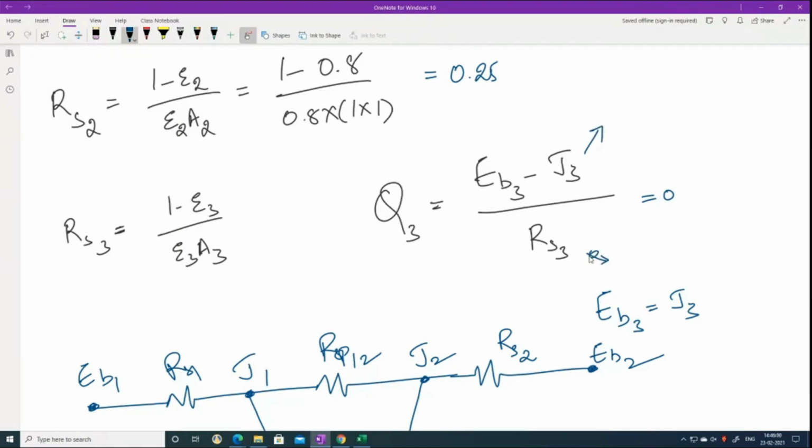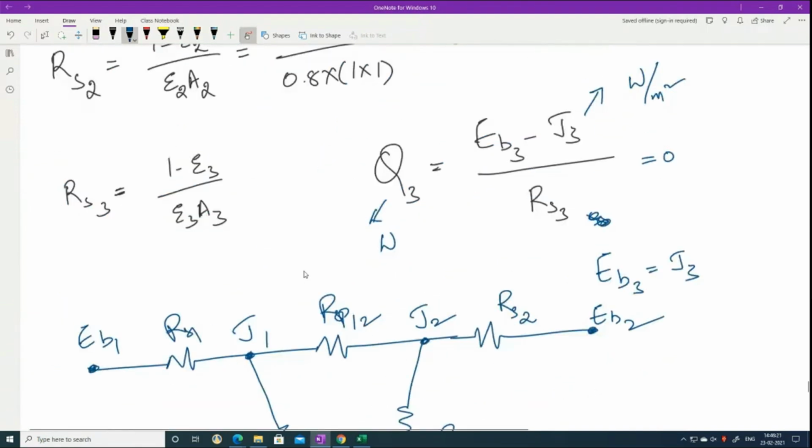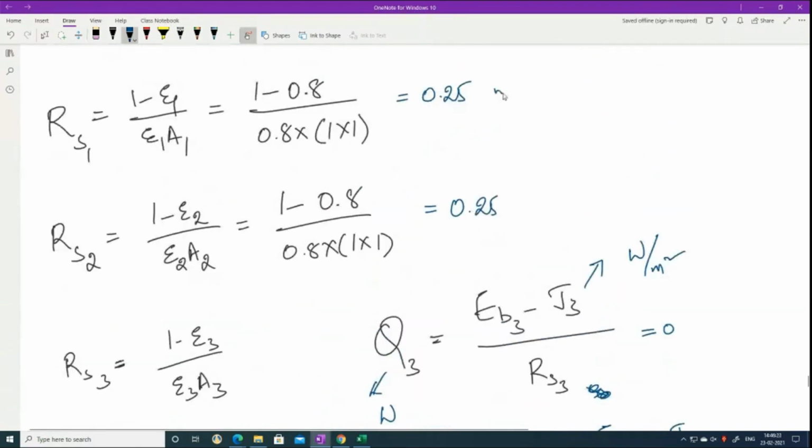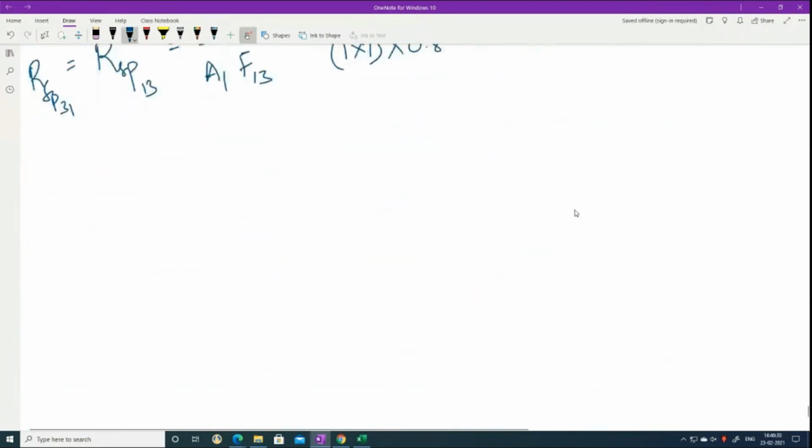Here you will have watts, and on this side watt per meter square. So simply put, the unit is meter power minus 2. The watt cancels out. That is the resistance unit. Anyways, good, we are done with that.